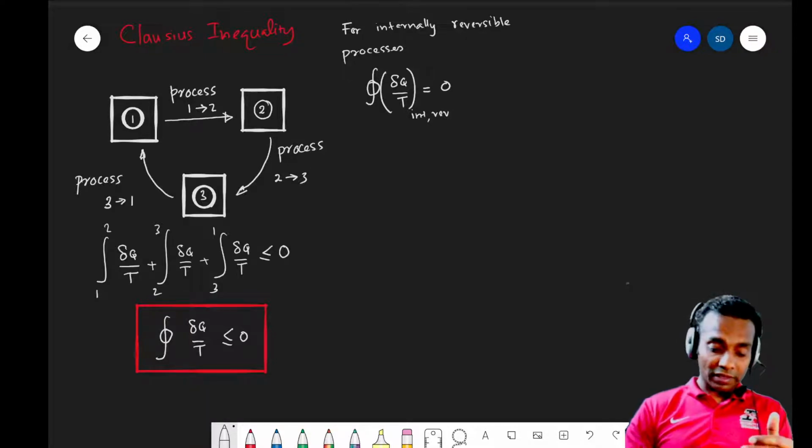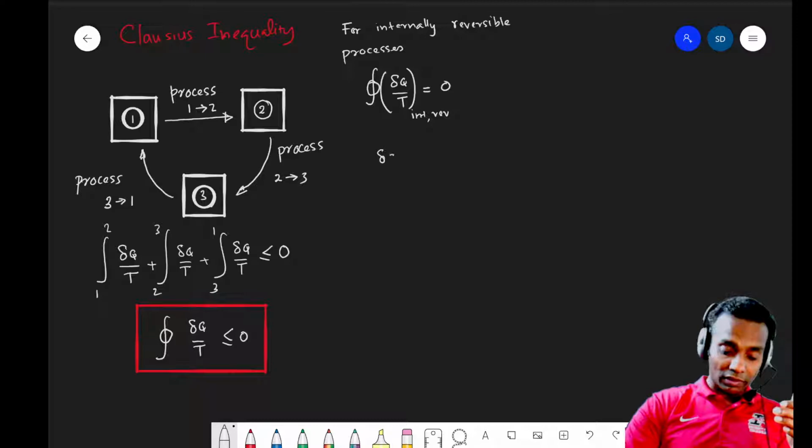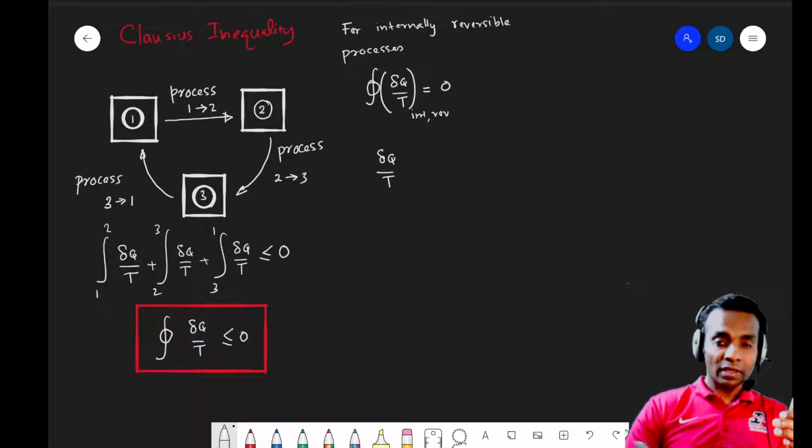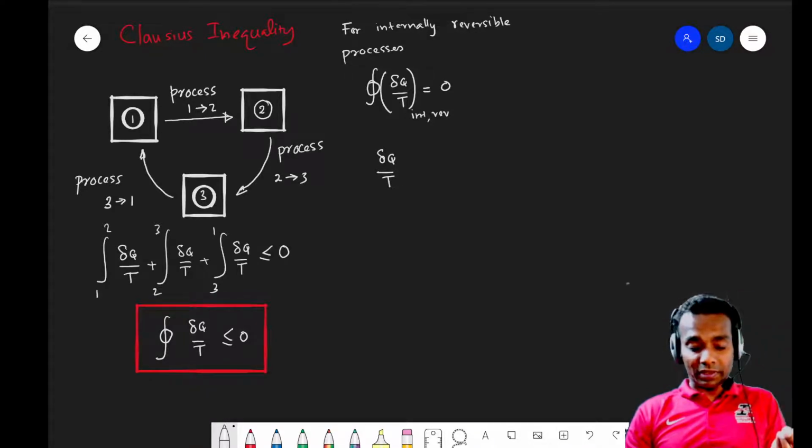It was later found that this quantity delta Q over T has the characteristics of a property. That means this quantity of a system only depends on the state of the system.